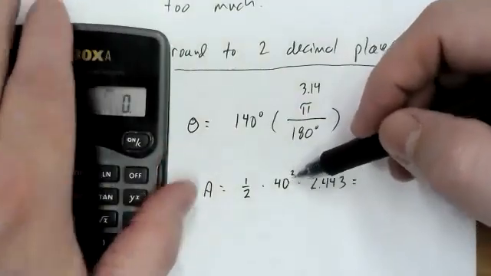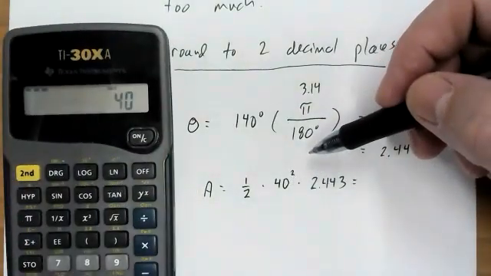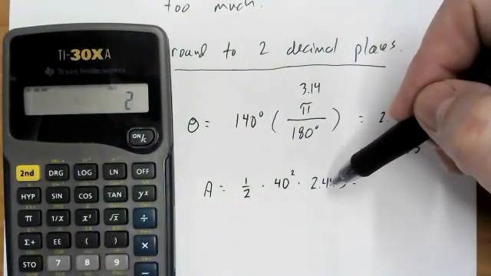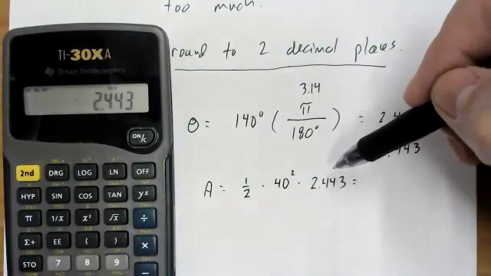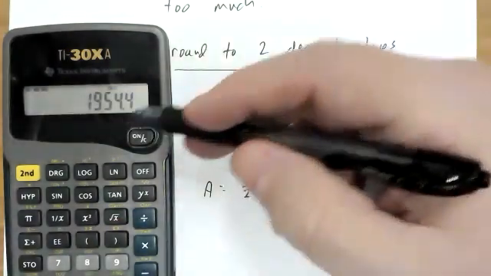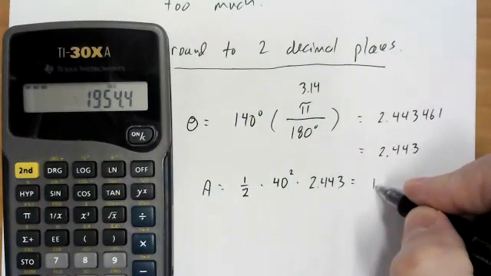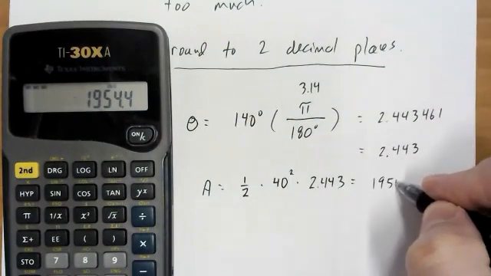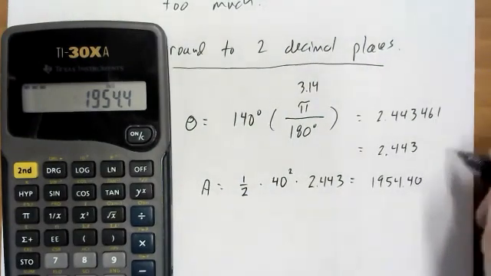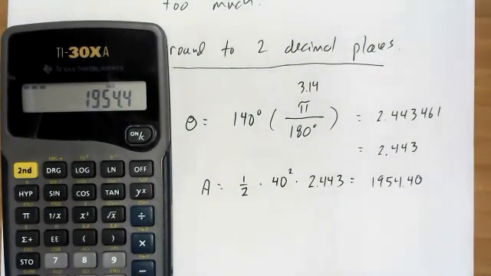They took 40 squared, 1600, times that 2.443, and divided by 2 equals. And they had this answer. And since it was 2 decimal places, I would give this.